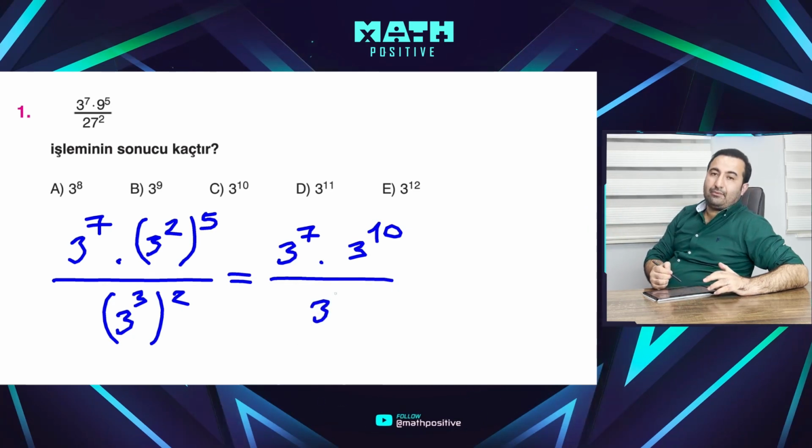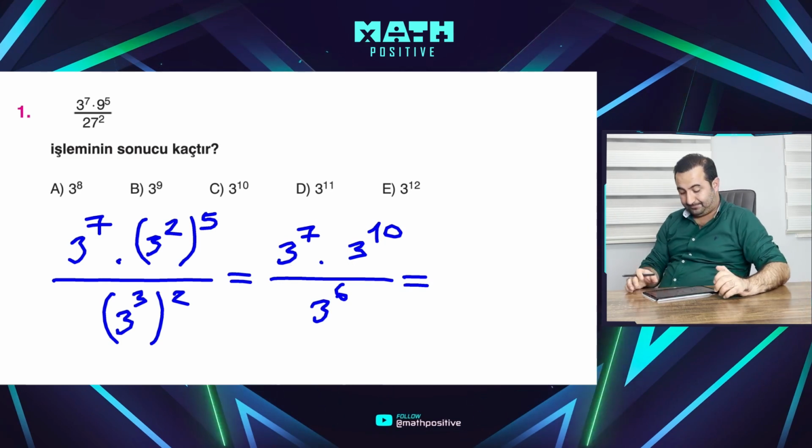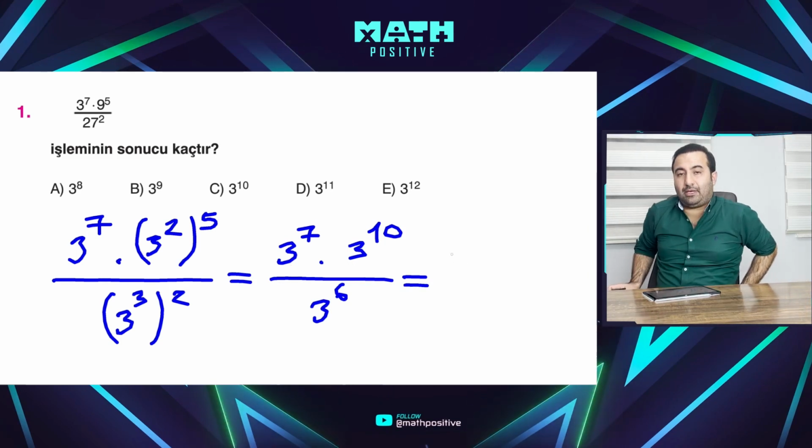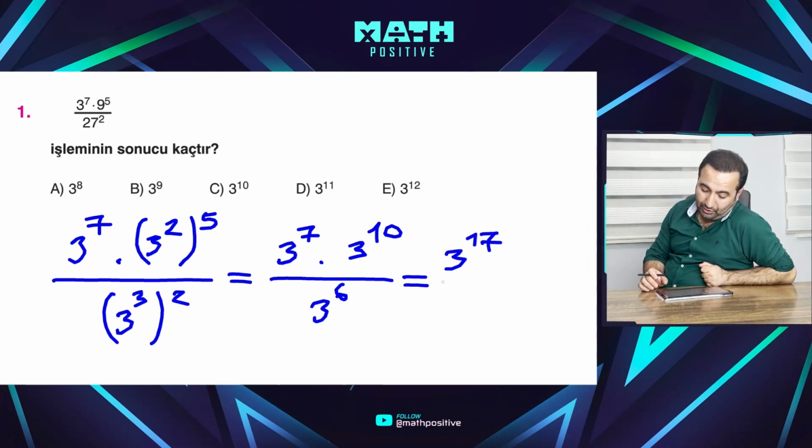Let's use the power of power rule. Then we write 3 to the power 7 times 3 to the power 2 times 5, so 10, over 3 to the power 3 times 2, so 3 to the power 6. We used our power of power rule and found these terms.